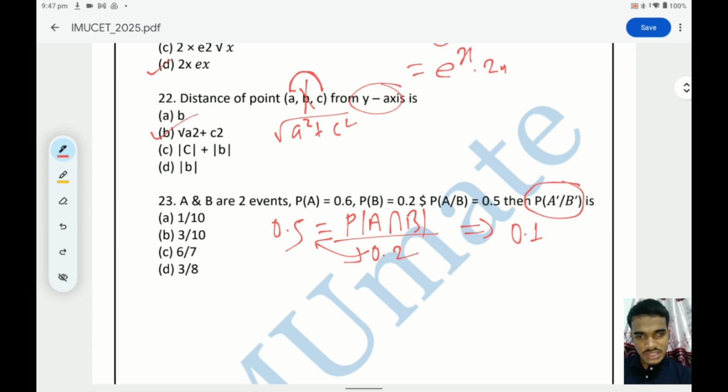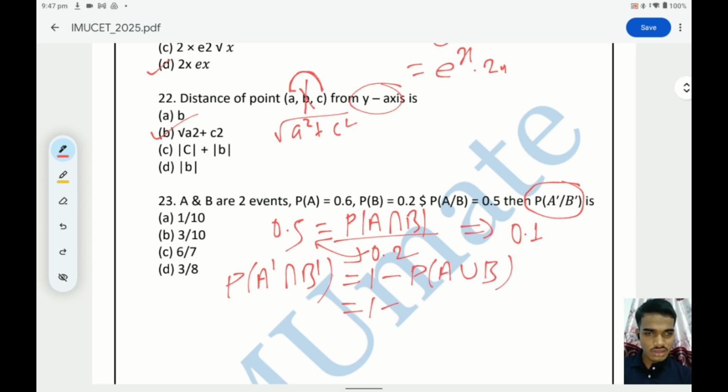Then we can find here the intersection of A complement and B complement by the formula, and this one can be found by the formula probability of A plus probability of B minus probability of intersection of A and B. So all the values are given here, we can put here.